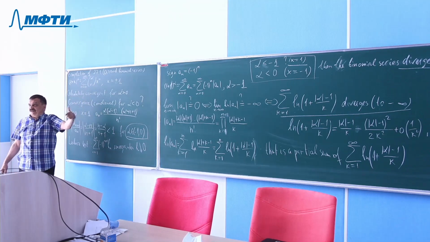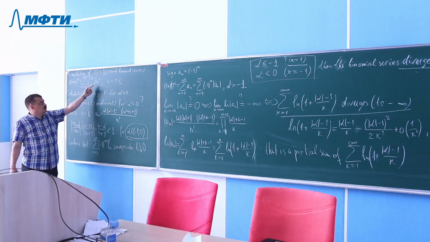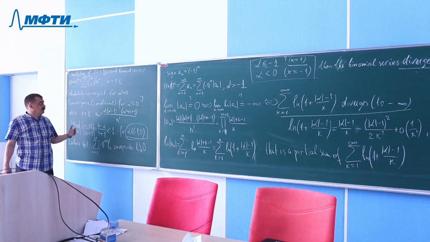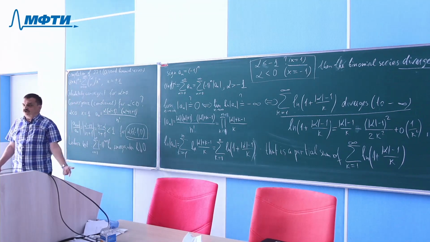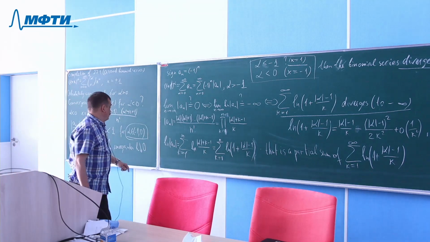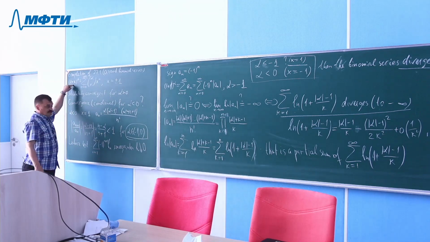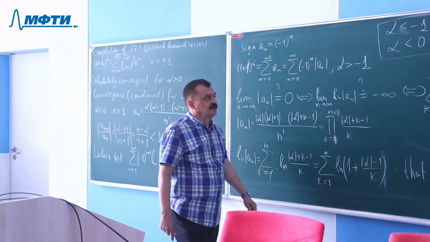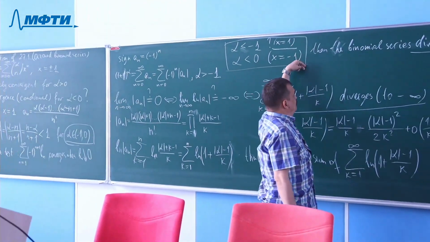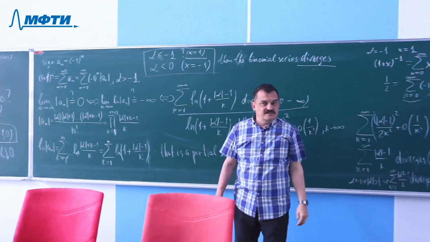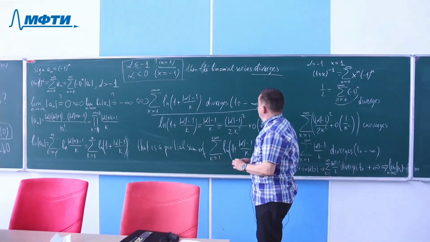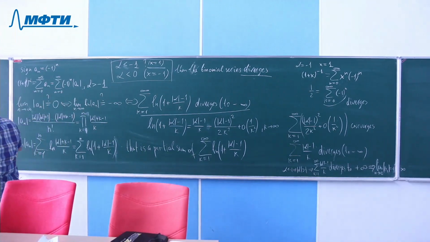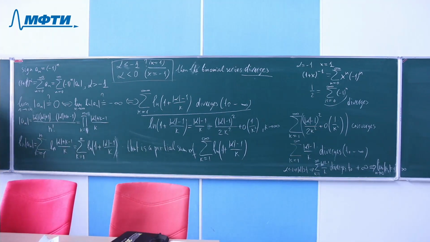Since we know by the second Abel theorem, once we have convergence at a point of the interval of convergence, then the sum should be continuous at that point. And the function is infinity at minus 1. Hence, it's impossible. So in the remaining cases, our binomial series diverges. That is the completion of section 27.1.